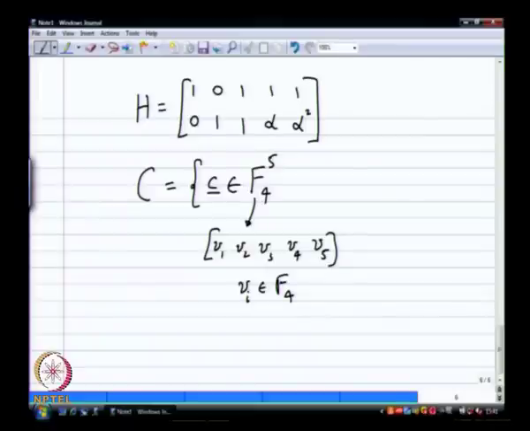How many vectors are there in F4^5? 4 to the power 5, and what is that? 1024, 2 to the power 10. So it is a very finite vector space, such that H times C transpose is 0. This definition carries over for the parity check matrix. I do not have to worry about anything here, except now, what are the operations in H times C transpose?